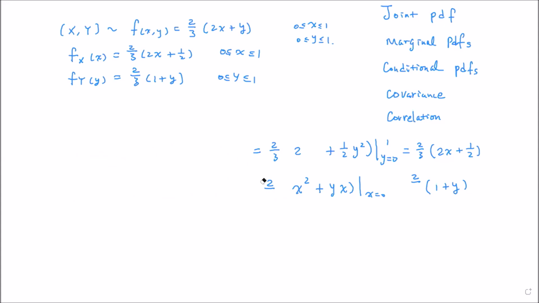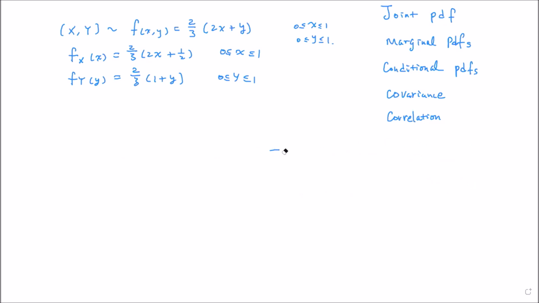Now let's work with conditional PDFs. And for bivariate random variables, we do have 2 of them. So f of x given y. Different textbooks may have different notations. This is the notation I use. This is to denote that it's the conditional density of x given y, but then you have 2 independent variables x, y.